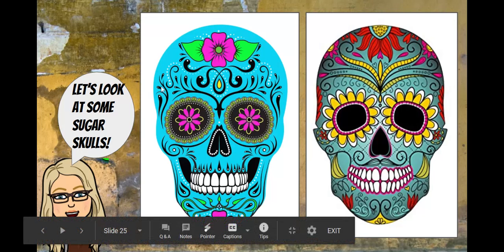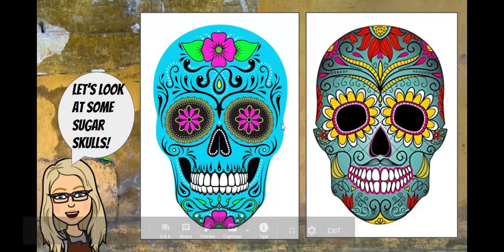For example, when I see this black pattern design over here, I see the same one over here. I notice that there are flower images in the eyes, and they are the same on both sides. I also notice that there's sort of an upside down heart shape for the nose that is common between these two things, and that these are really bright and colorful for sure.